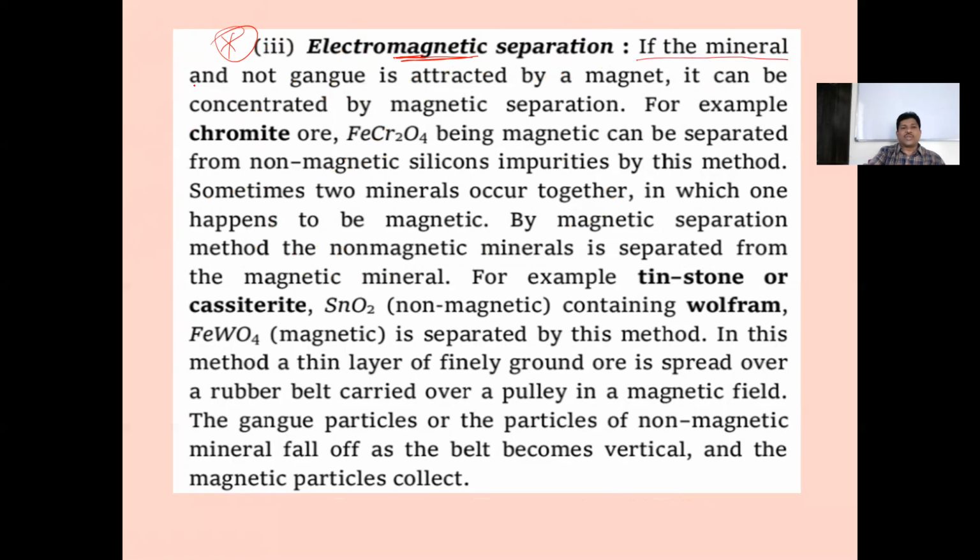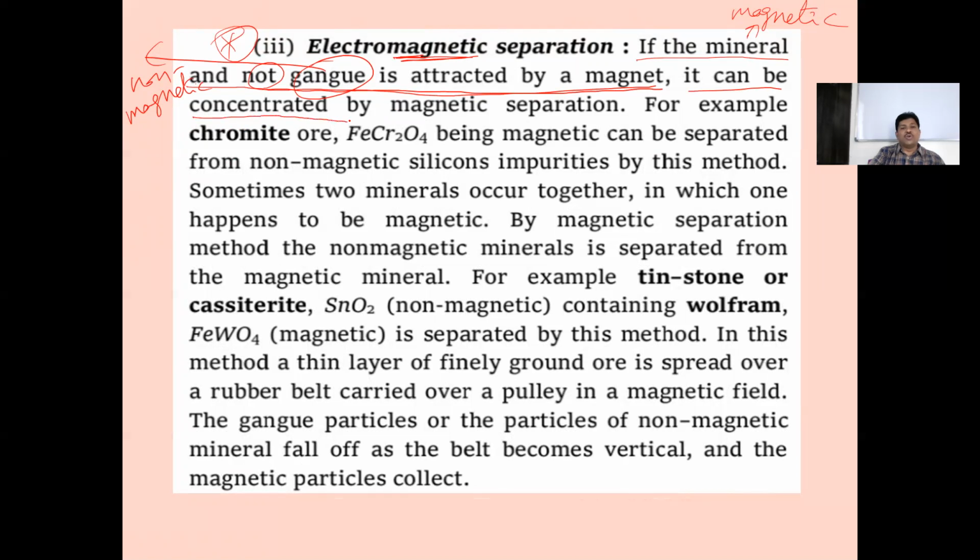If the mineral is attracted by a magnet and the gangue is not attracted, meaning the mineral, which is the ore, is magnetic in nature, and the gangue, the impurity, is non-magnetic, then in this condition the ore can be concentrated.